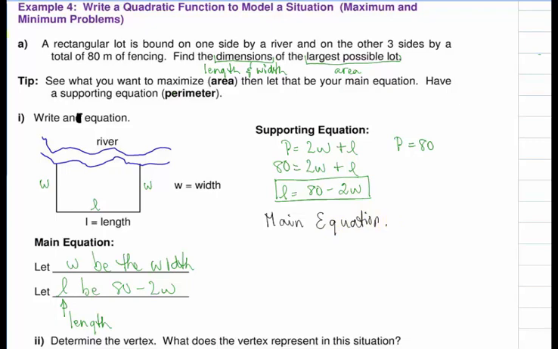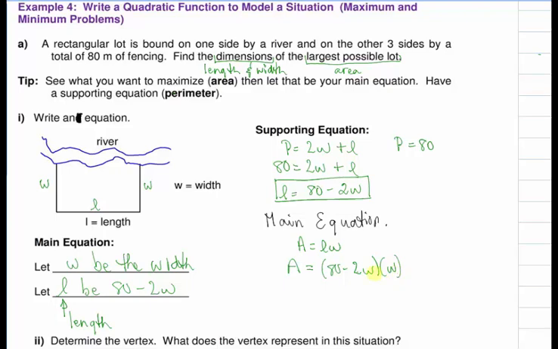Because this is a rectangular lot, the area of a rectangle is length times width. I don't know what the area is, so I can't substitute anything in for that, so I will leave it as A. The length, I'm going to use the expression 80 minus 2w. And of course the width will just be w.